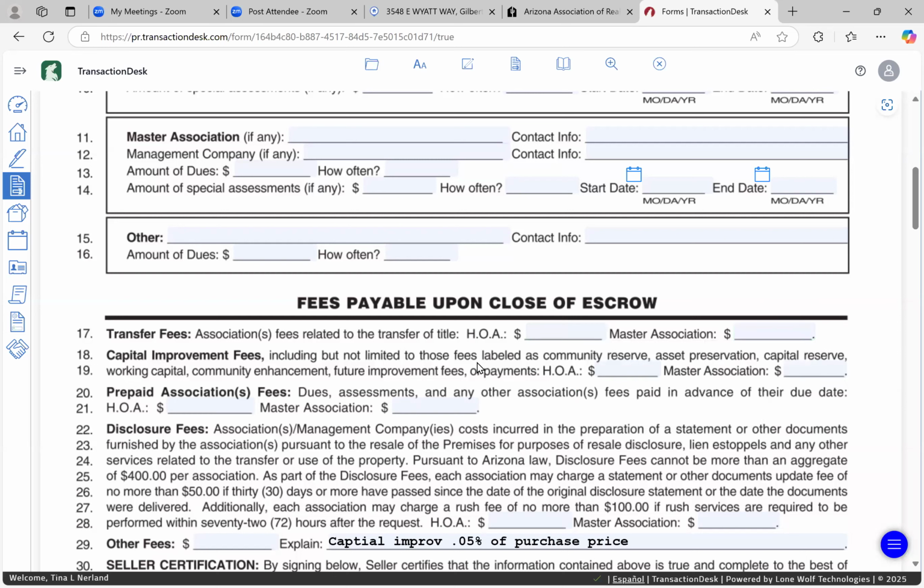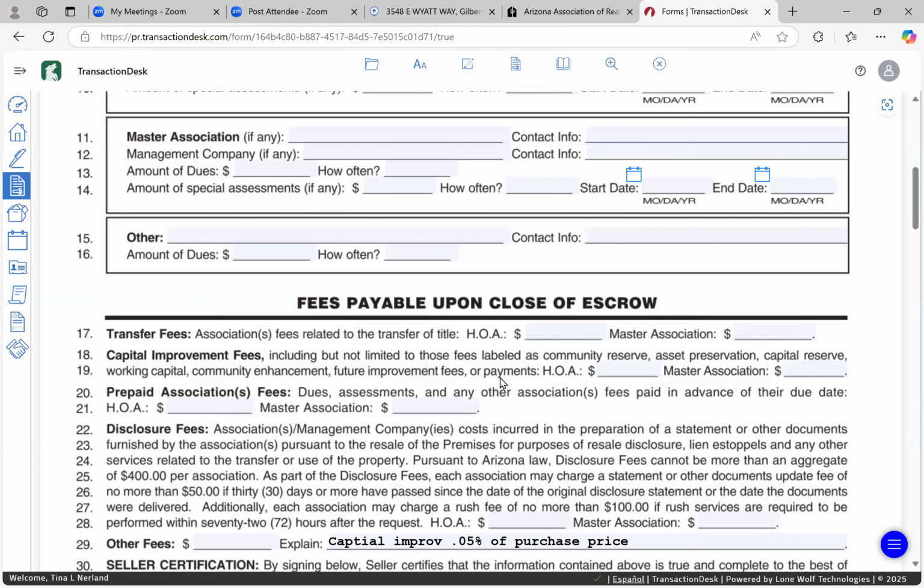Capital improvement fee, otherwise known as a community improvement fee. So capital improvement or community improvement, community enhancement. That is what this is. And it clearly states here the other names that it could be called. So make sure if this community has one of those names that this is where you put it.